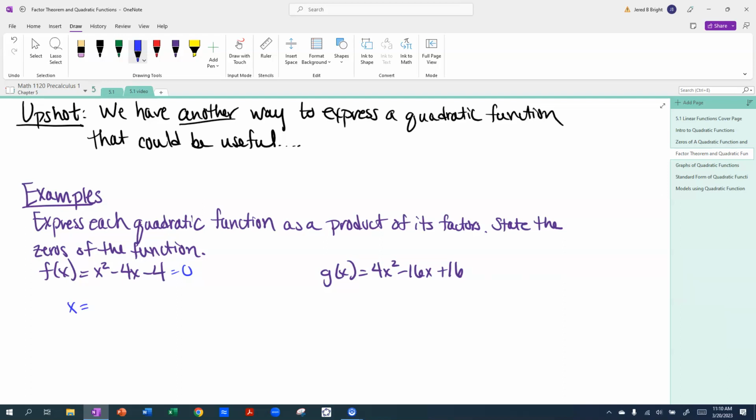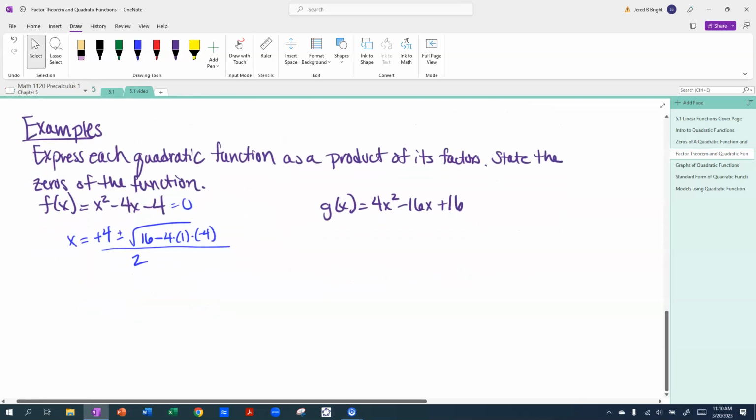I'm going to do negative b, which is negative 4, so negative of negative is positive, plus or minus the square root of b squared, so 16, minus 4 times a, which is 4 times a times c, all over 2a, which is 2.